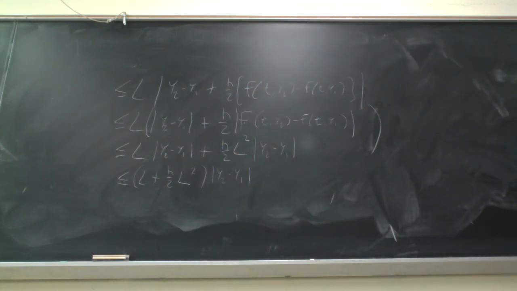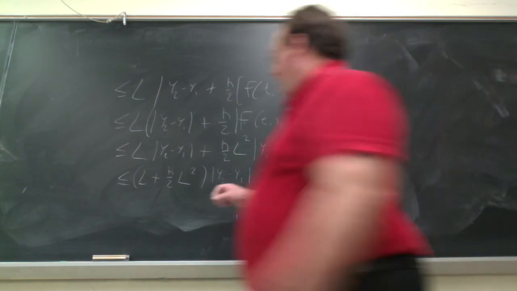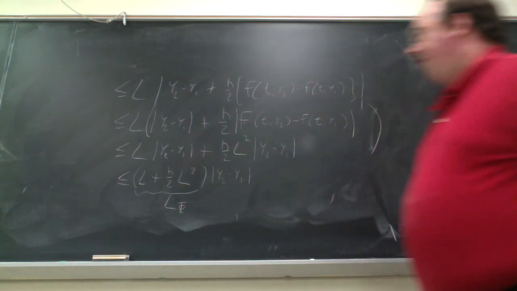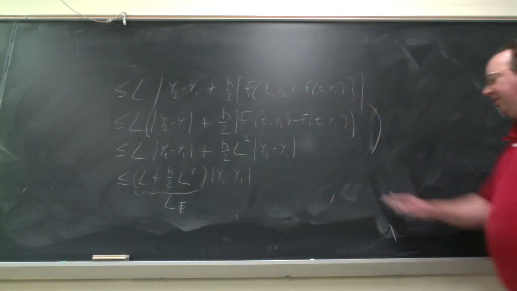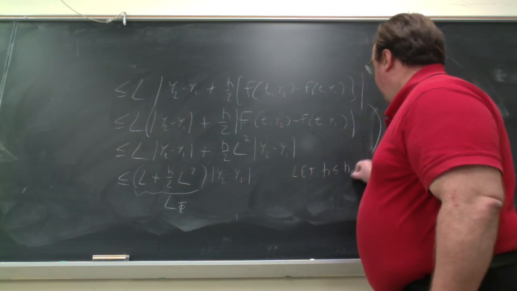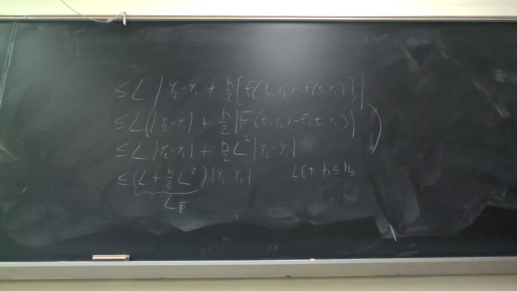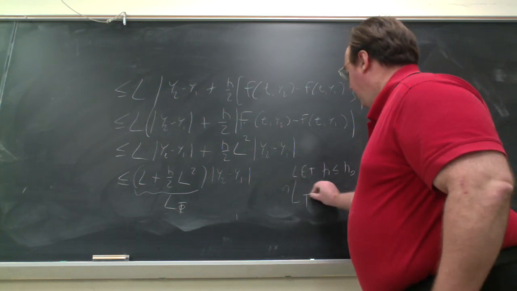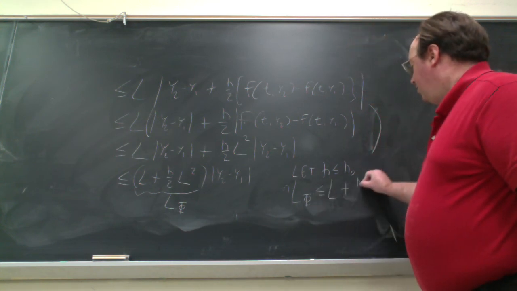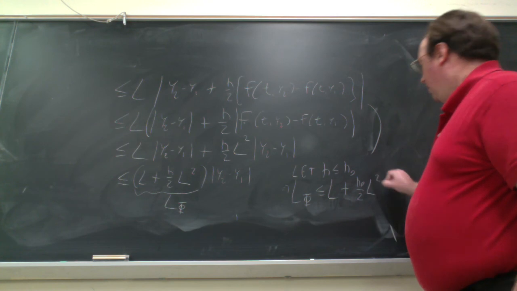So now I've shown that phi is Lipschitz continuous with this Lipschitz constant, which I call L phi. If I assume that h is sufficiently small, that h is less than or equal to some value h naught, then I can say that my Lipschitz constant L phi is less than or equal to L plus h naught over 2 L squared.